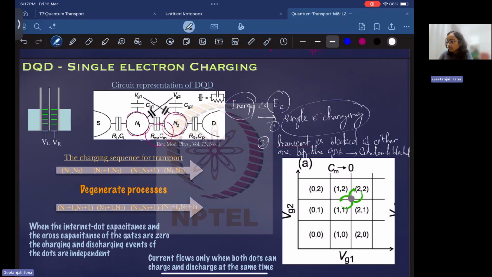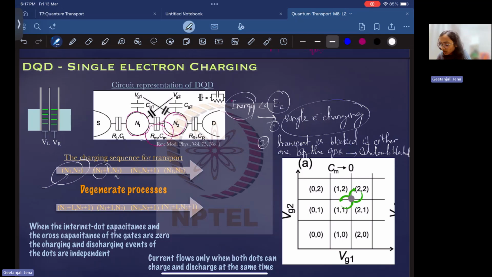So we are focusing on the energy range where we can see the single electron charging effect. Let's see the charging sequence. There can be two types of charging sequence. First, we have N1 and N2 electrons in quantum dot 1 and quantum dot 2 respectively. Now we add an electron from the source side to quantum dot 1, so the electron number in quantum dot 1 increases by 1 and quantum dot 2 remains as it is.